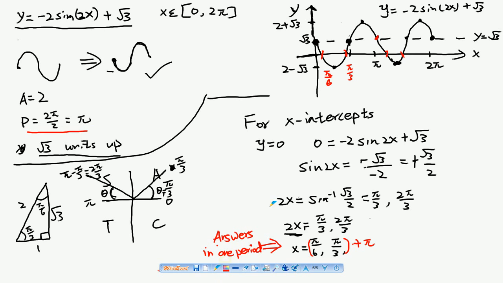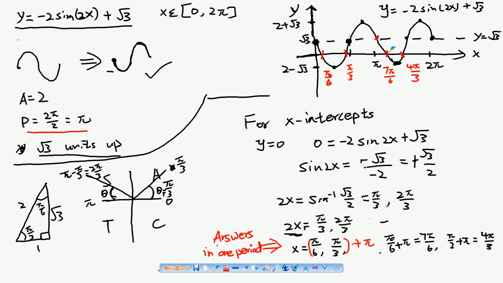The next two x-intercepts will be pi on 6 plus pi, which is 7 pi on 6, and pi on 3 plus pi, which is 4 pi on 3. So this point will be 7 pi on 6, and this point will be 4 pi on 3.